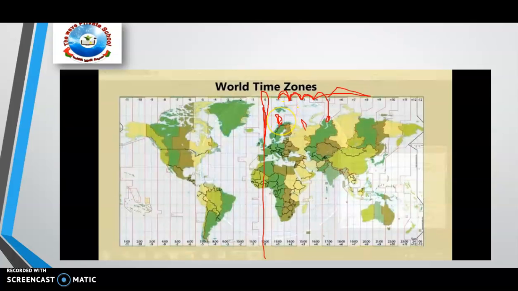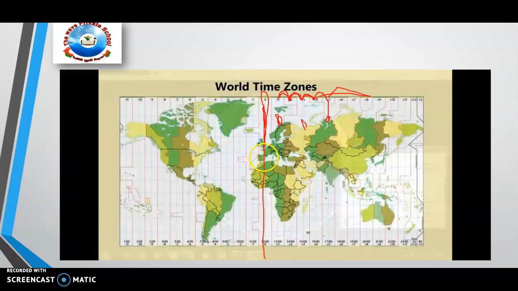So if my time is 1 o'clock and I want to know the time here, I have to plus 4, so it will be 5. It means here it's 5 o'clock. Same like here. And here you can see these zero lines. You may wonder, if this is a zero line, how did people see the time?